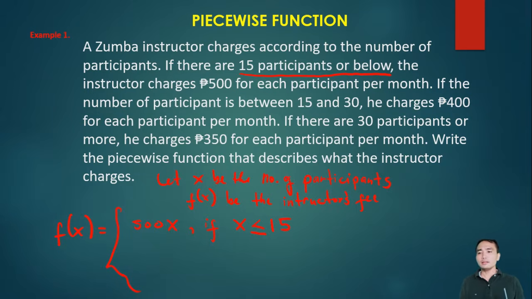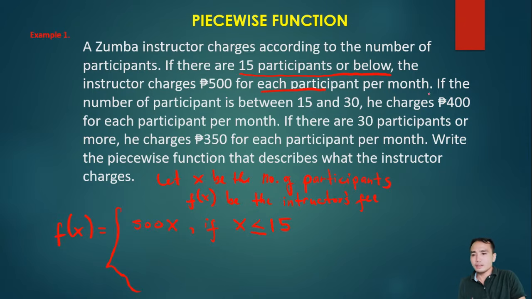Ibig sabihin, kung 15 participants and below, you are going to pay 500 pesos per month. That is per head. So, 500 times x.